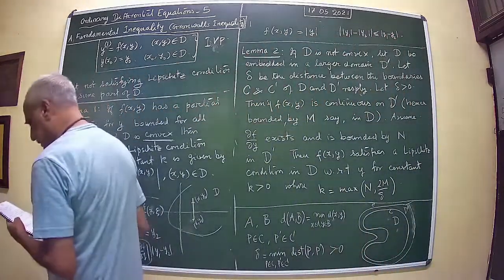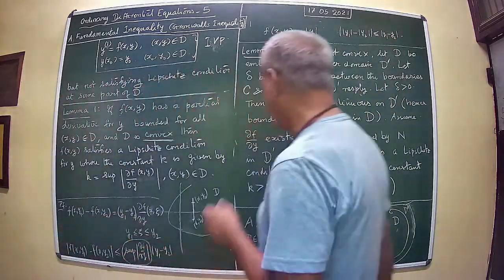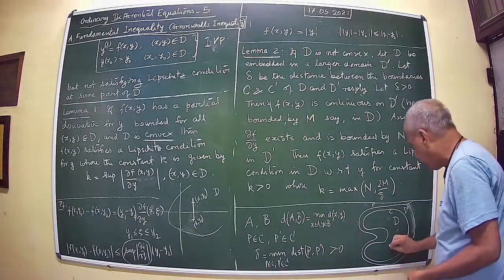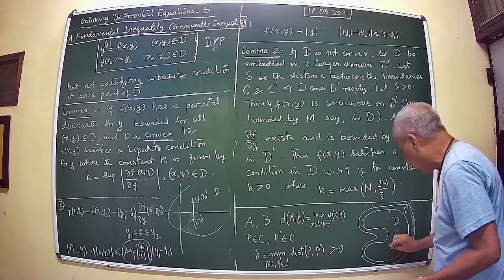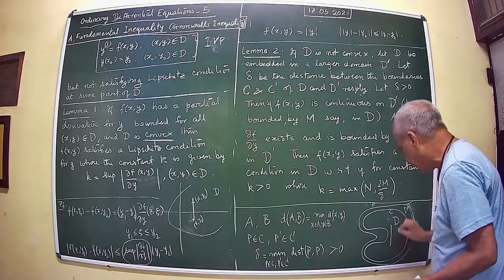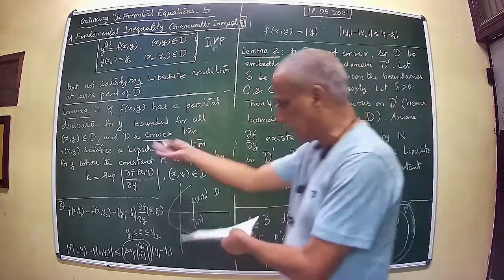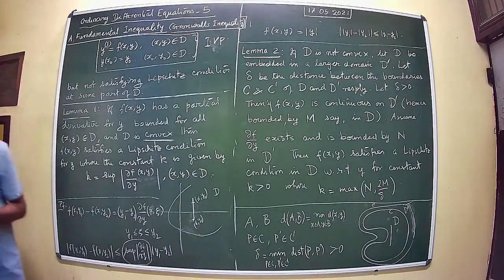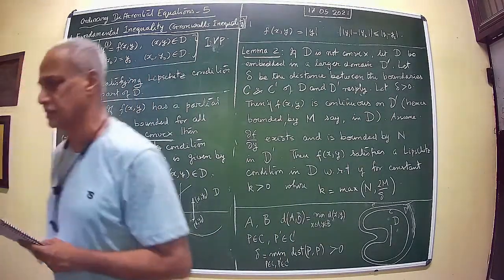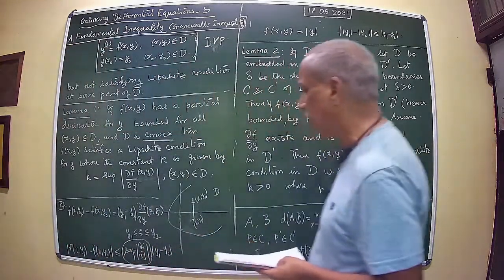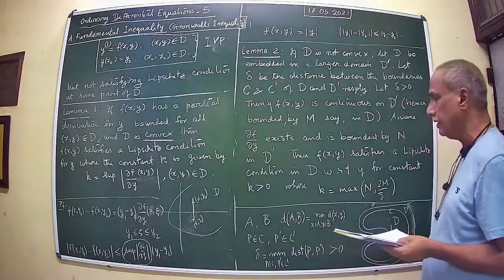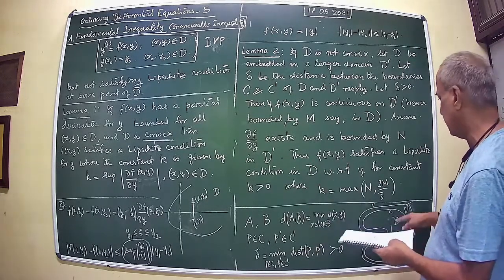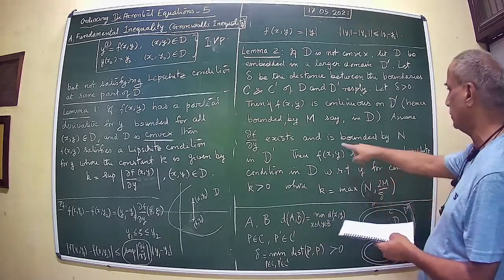Now in such a scenario, you take x, y1 and x, y2, and if the entire line segment lies in D, there is nothing. You can apply the theorem that you have already proved. For such points you can apply this, and therefore you take df by dy and the bound on that, and that is n that we are assuming.